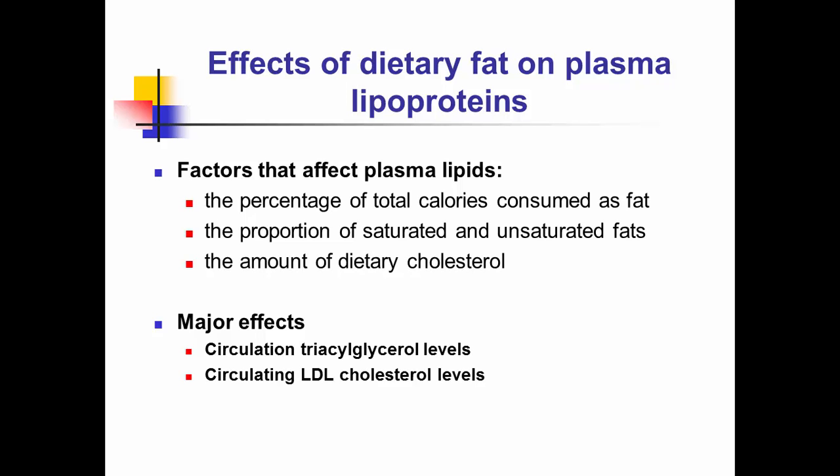But if we have too much fat in the diet, that will definitely affect the plasma lipid levels. And the second thing is the proportion of saturated versus unsaturated fat. Saturated fat, we all know, is bad, right? The bad lipids. So if we have too much saturated fat in the diet, it also affects the lipid level in the circulation. And the last thing is the amount of dietary cholesterol.